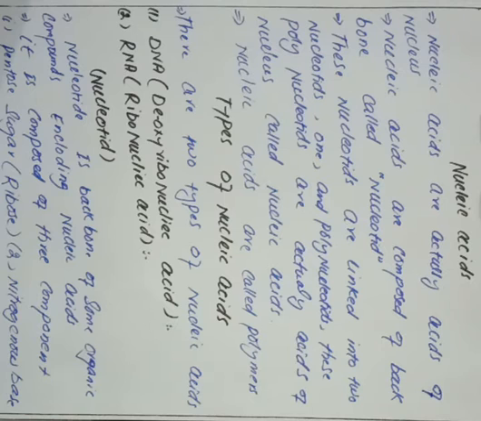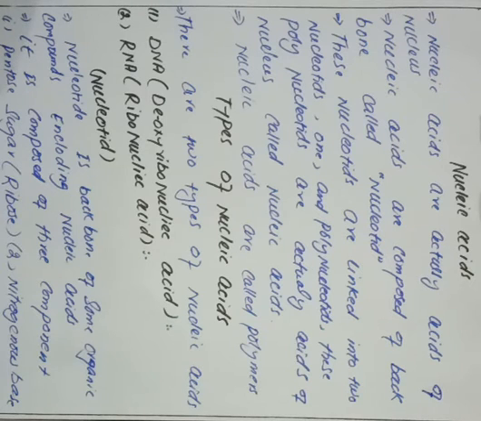These nucleotides are linked into two nucleotides, one nucleotide, and polynucleotide. So nucleotide is the backbone of nucleic acids, but these nucleotides are linked in different ways. If two nucleotides are joined, we call them dinucleotide. If one nucleotide, we call it mononucleotide.